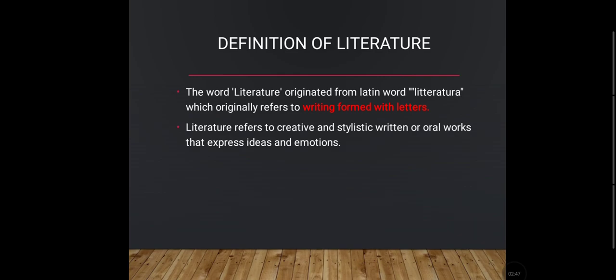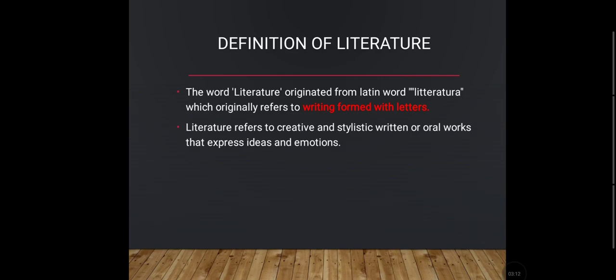And a writer can choose to write a story, but not like the normal story; he will put it in his style. So it should be something stylistic. So literature refers to something which is creative and stylistic.